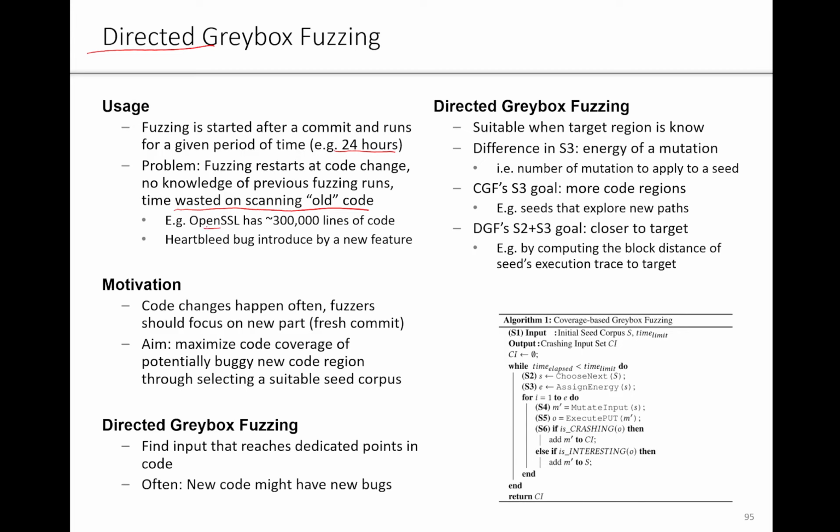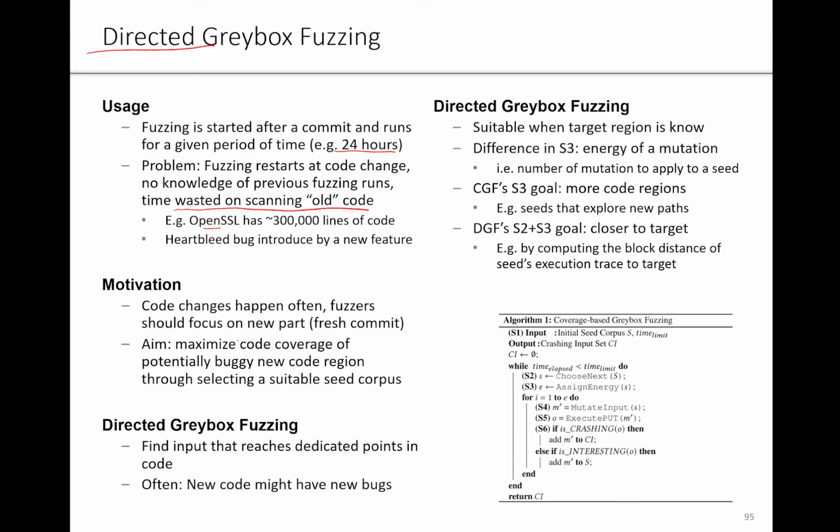Obviously, also in historic examples, OpenSSL has lots of code, but new vulnerabilities are introduced in new parts of code. So you want to focus your fuzzing time proportionally more on the new part.